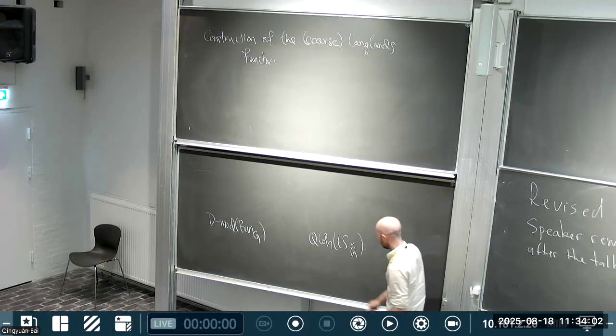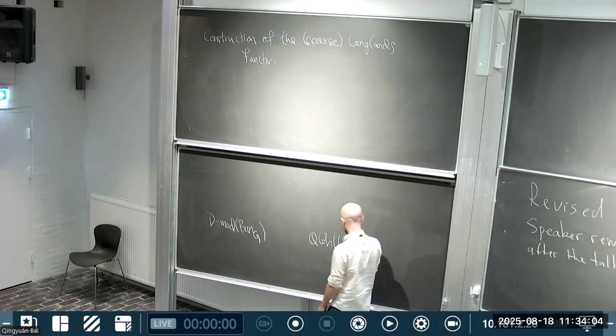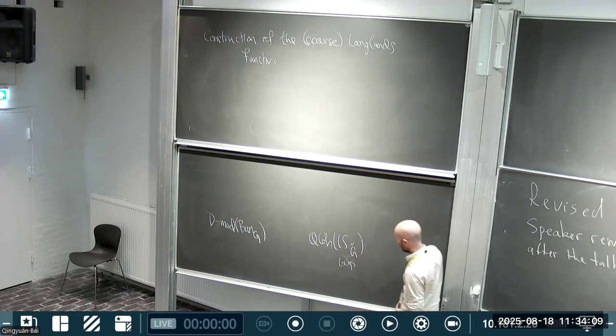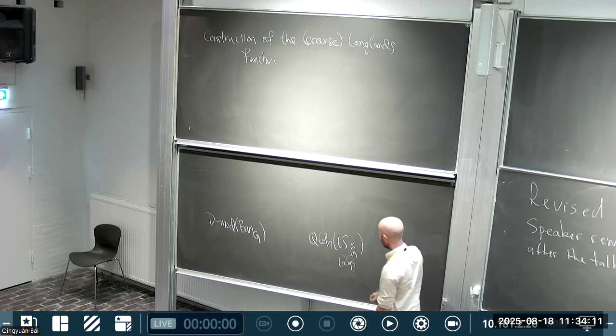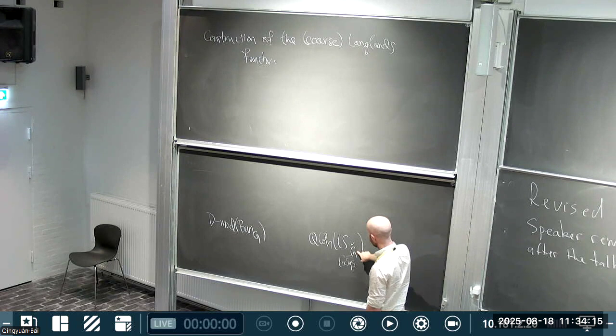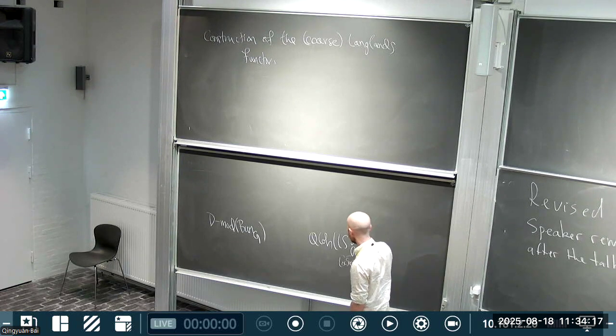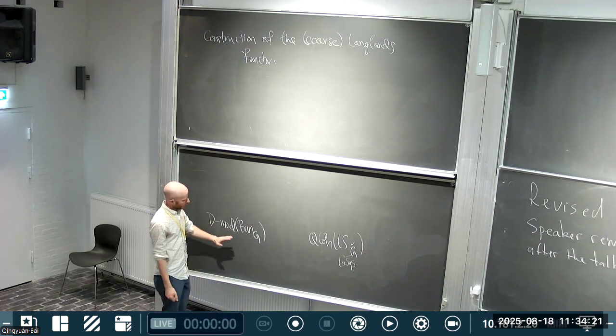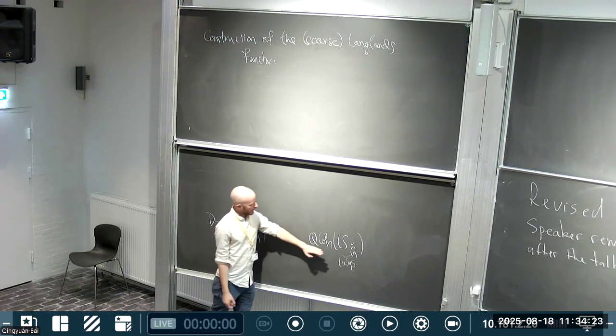Briefly, recall that connected reductive groups have what's called the Langlands dual group. What naive geometric Langlands would say is that there's an equivalence between these two categories.